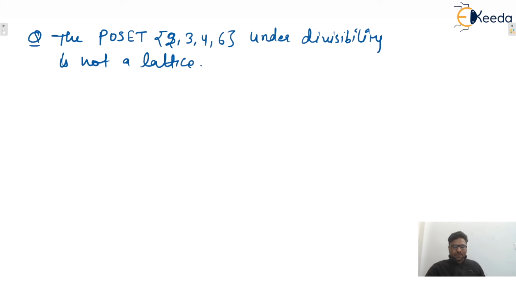Why? The set is 2, 3, 4, 6 and the relation is divisibility. You can draw the Hasse diagram: 2 and 3, and here 6, and here 4.